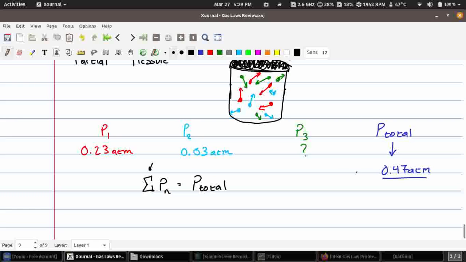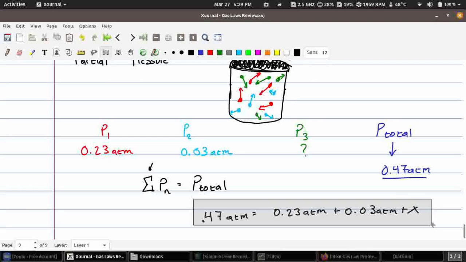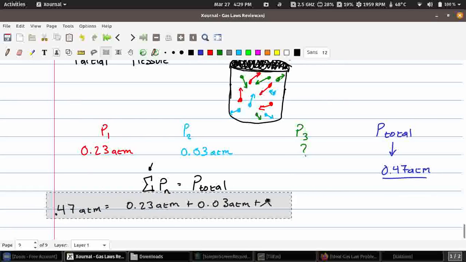So that means you're going to take 0.47 atmospheres and equal it to 0.23 atmospheres plus 0.03 atmospheres plus X. So let me make some room over here because this is literally like algebra 1.